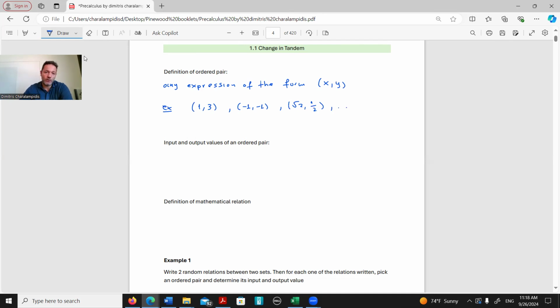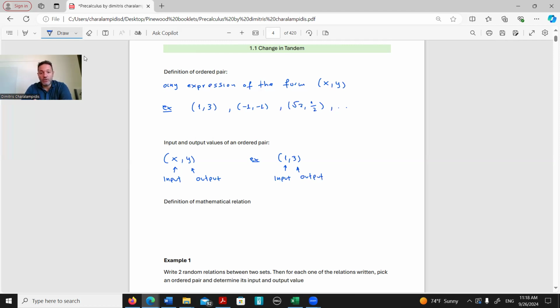In each ordered pair, x is called the input value, while y is called the output value. So, for example, in the ordered pair (1, 3), 1 should be referred to as the input, and 3 should be referred to as the output value, respectively.